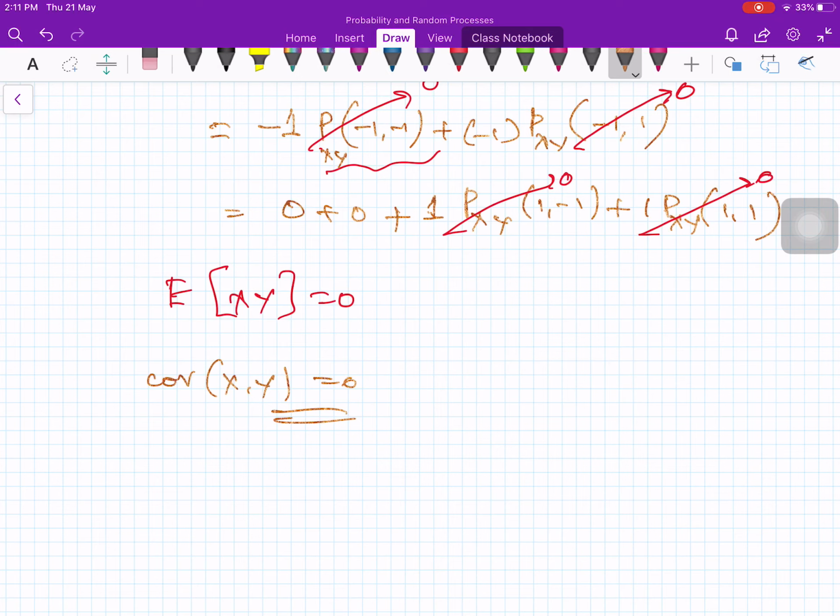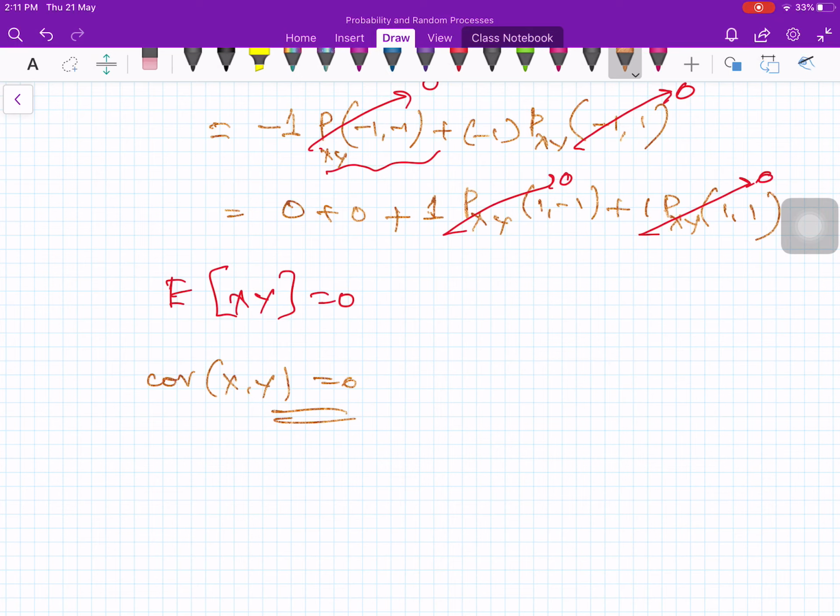Substitute E of x in this: sum over y of y times p_Y of y times E of x. Since E of x is a number, you can pull it out of the summation, and the sum over y of y times the marginal PMF of y is by definition E of y. Therefore it is going to be E of x times E of y.